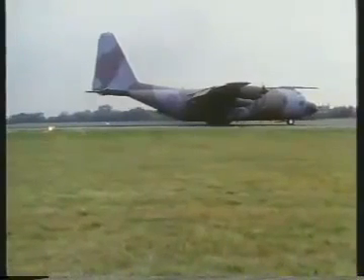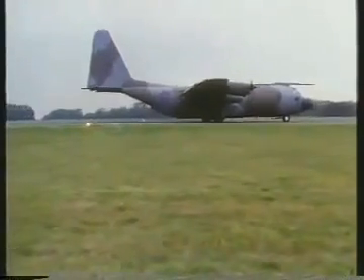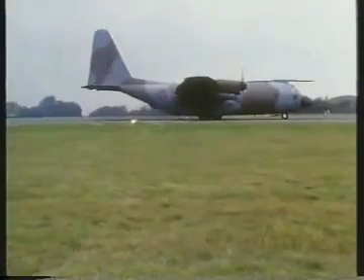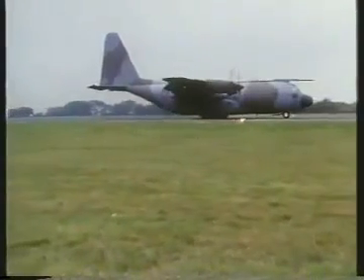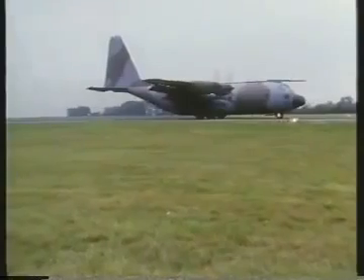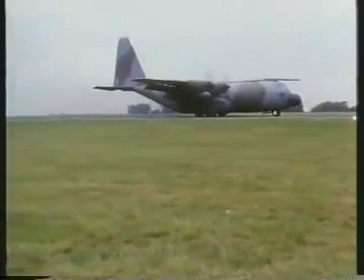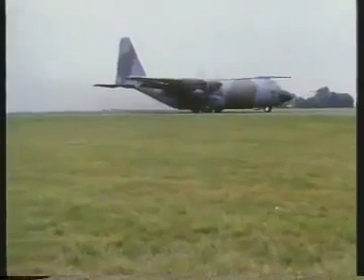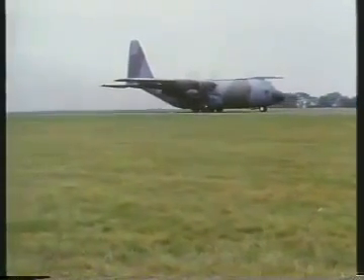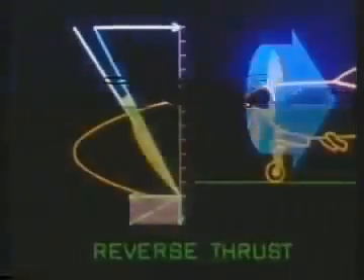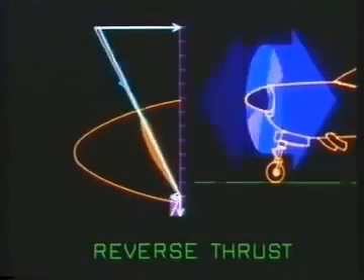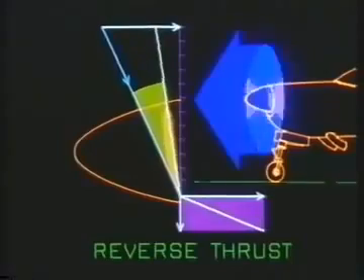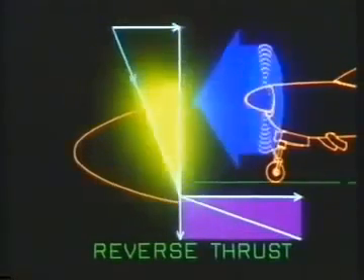Reverse thrust, a further development in pitch control, not only brought dramatic improvements in braking, it also enabled aircraft to be reversed using their own power, and made maneuvering on the ground far easier. Reverse thrust is produced by turning the blades past the flight fine pitch limit to create a relatively large negative angle of attack.